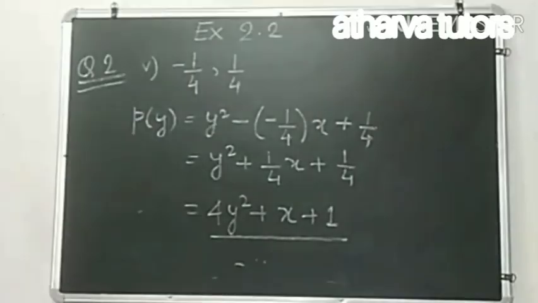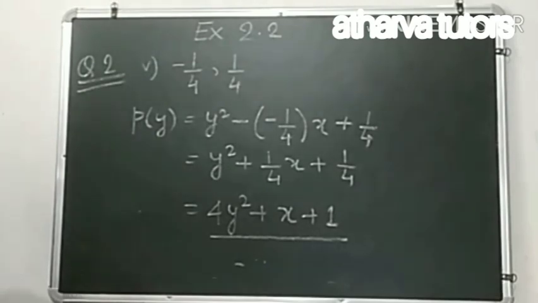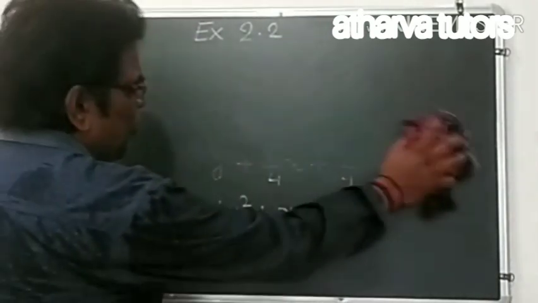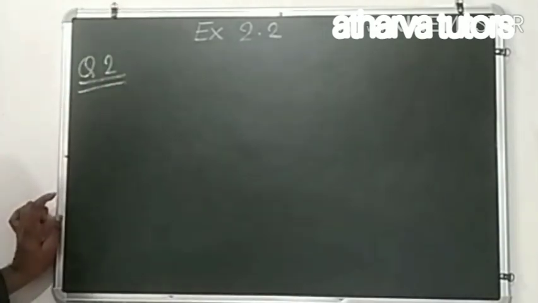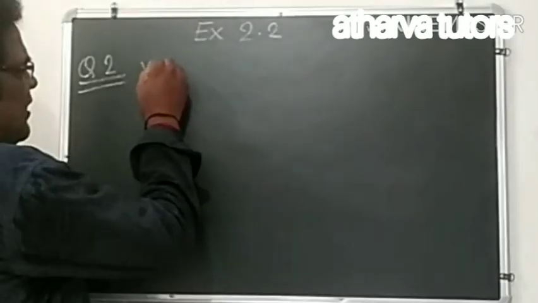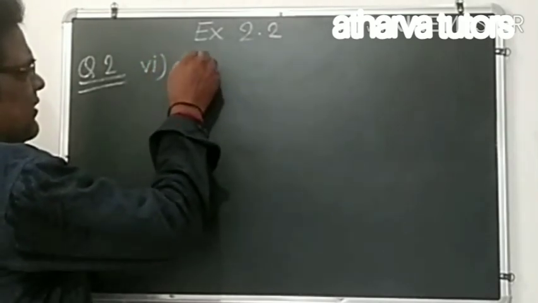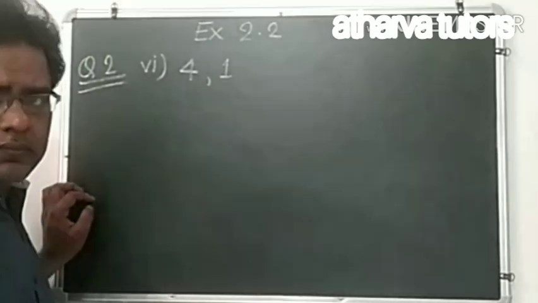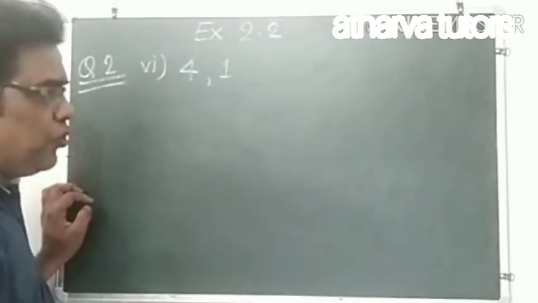Now the last question of this exercise, the sixth: the sum is given as 4 and the product is given as 1.